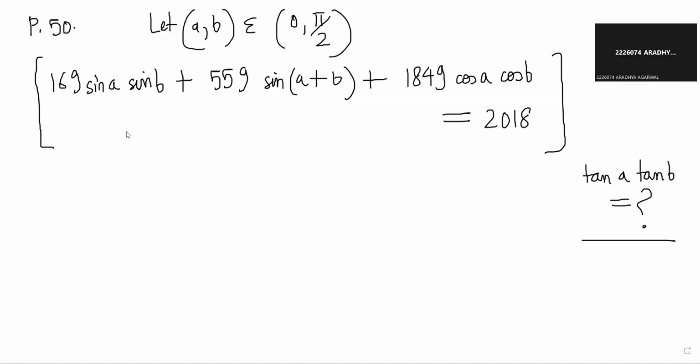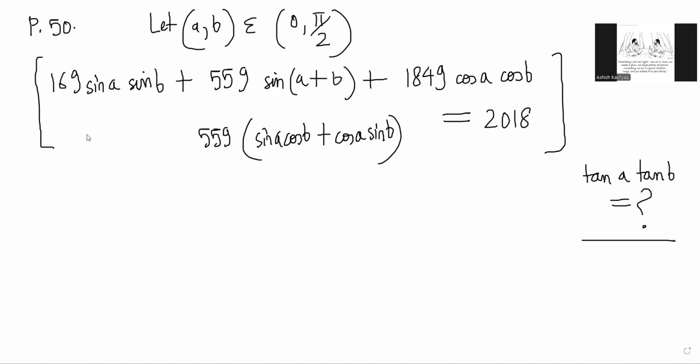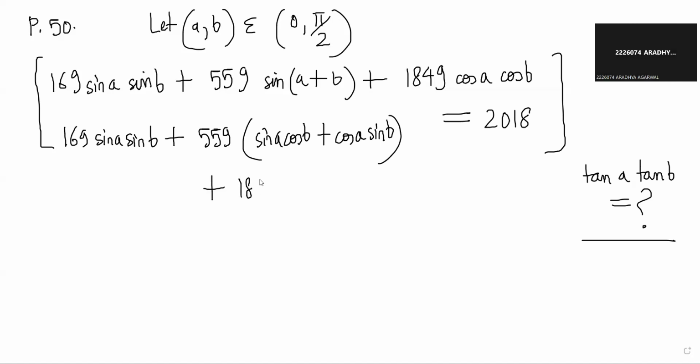I tried to open sin A plus B. Okay, but you cannot combine it with anything, no? If you open sin A plus B, you will get sin A cos B plus cos A sin B, right? You cannot combine it, no? So opening is fine, but after that you cannot add it all, right?